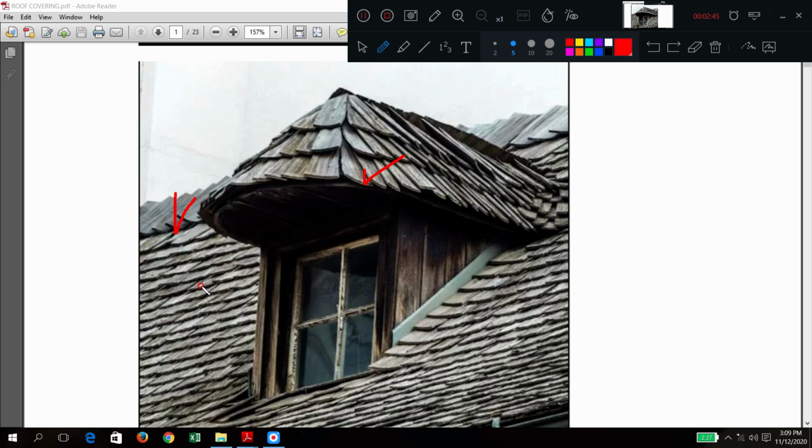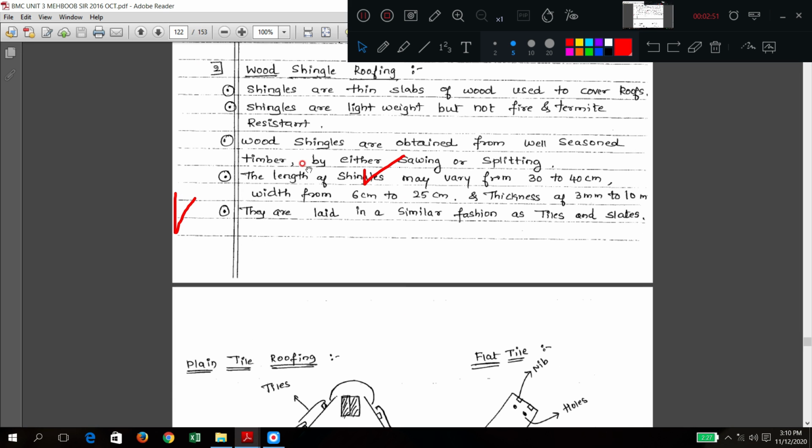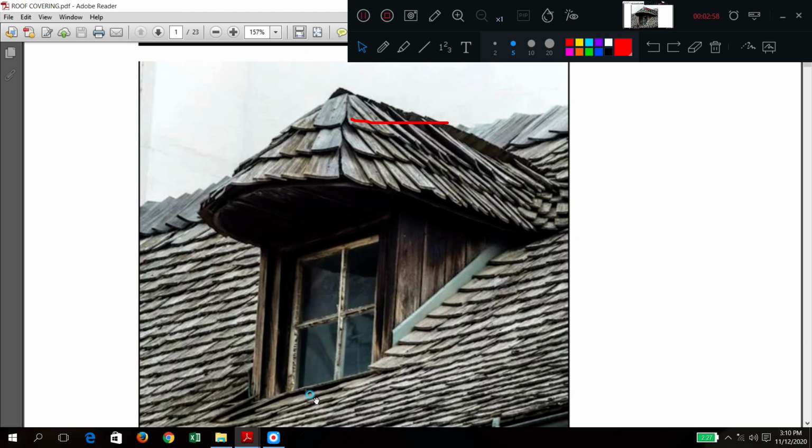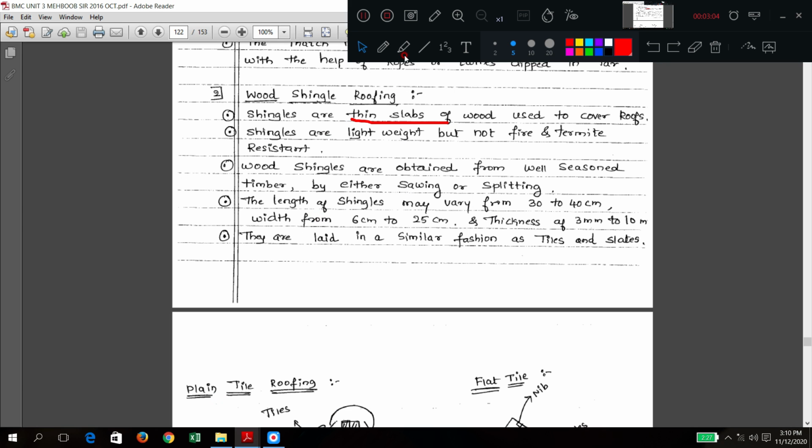By seeing this picture, if you go back and study the theory part, it will be very easy to understand. See here, what I have written: wood shingles are thin slabs, and by seeing this diagram you can easily understand that they appear as very thin sheets. They are obtained from well seasoned wood.